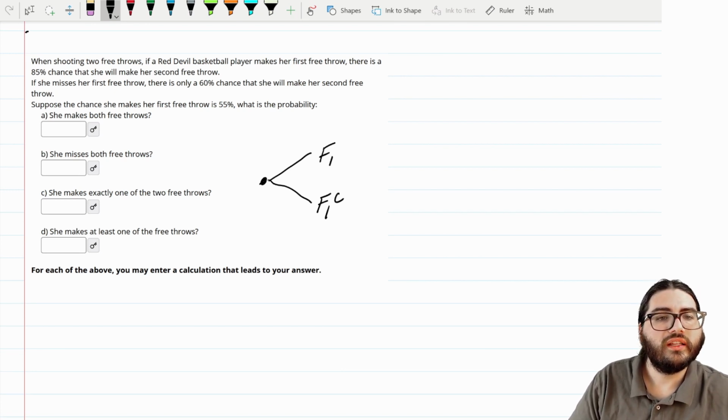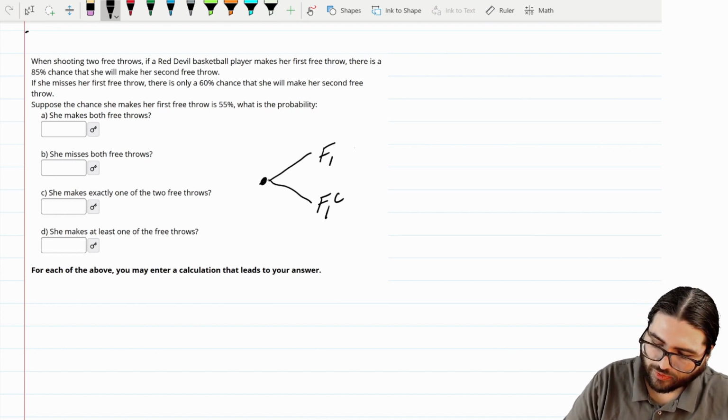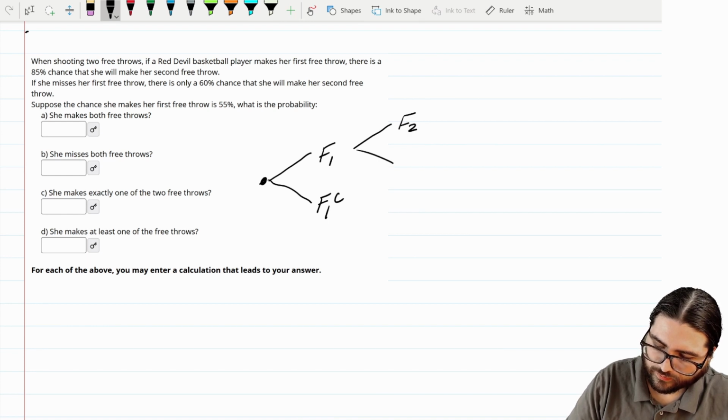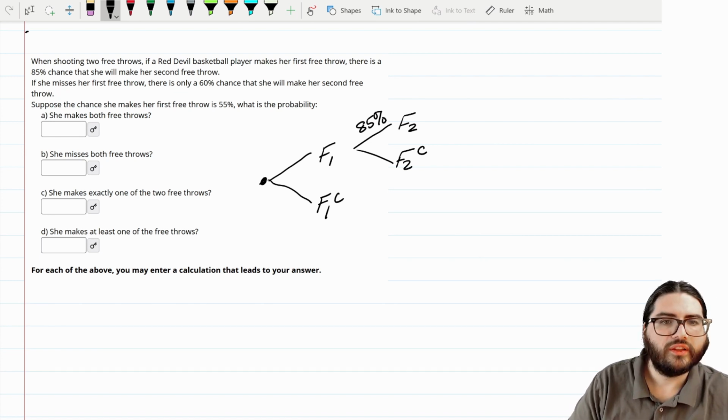We are not given those probabilities, it looks like. But we are given that if she makes the first free throw, there's an 85% chance that she makes the second. Given that you make the first one, there's an 85% chance that you make the second.